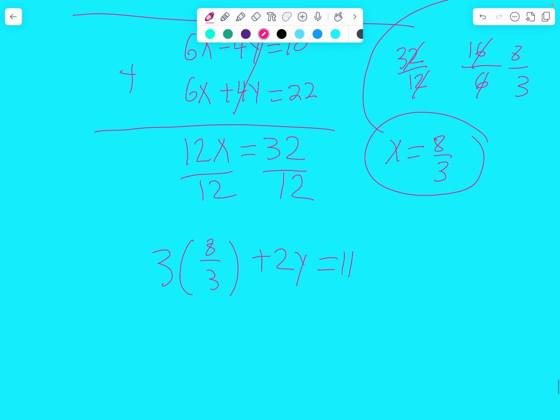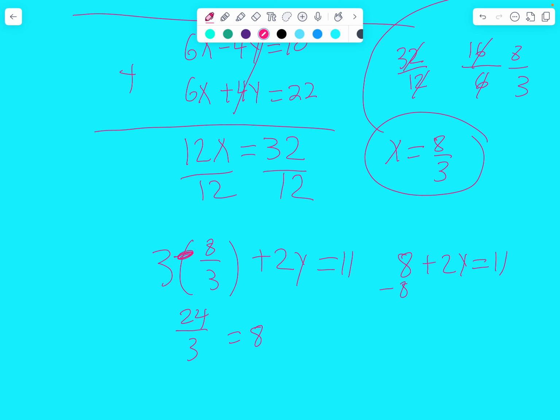So I have 3 times 8 over 3, and remember, every number is technically a fraction over 1 if it doesn't have a denominator, all right? What's 3 times 8? That's 24. What's 24 over 3? It's 8. So I got 8 plus 2y equals 11.